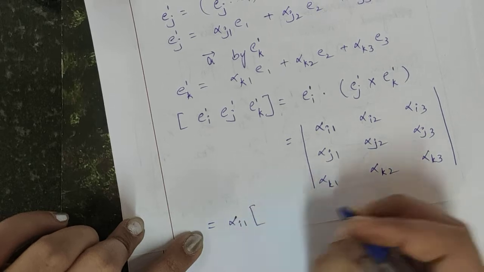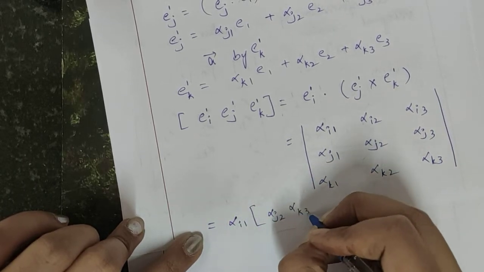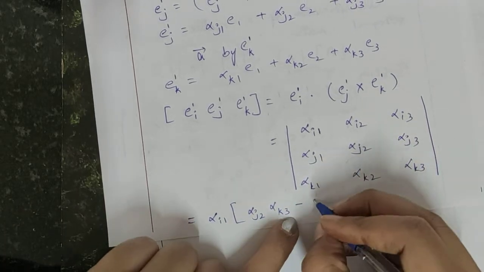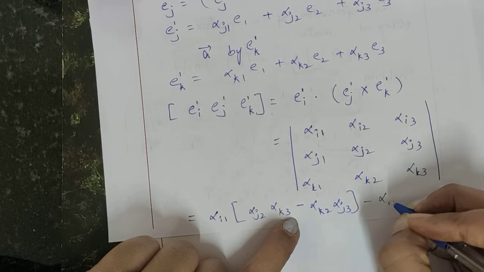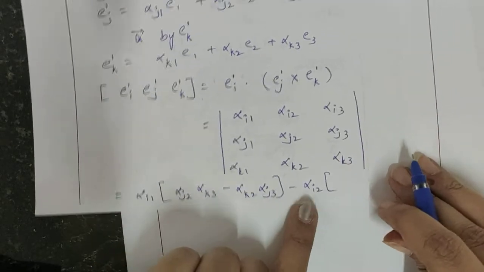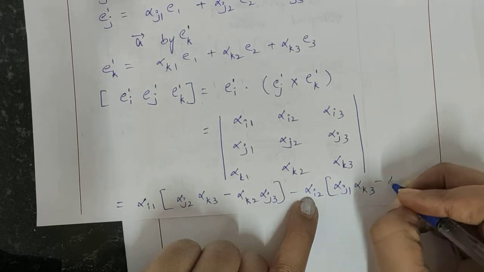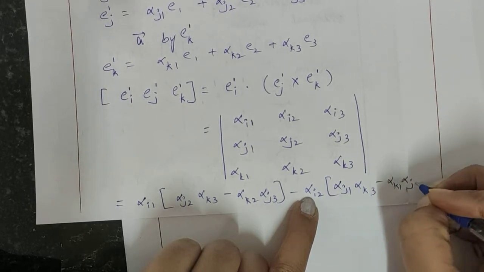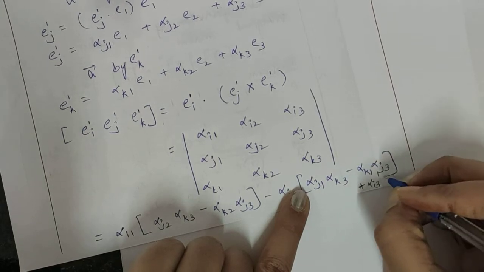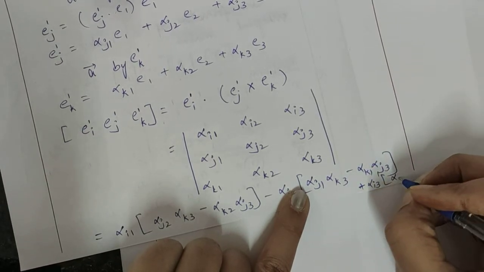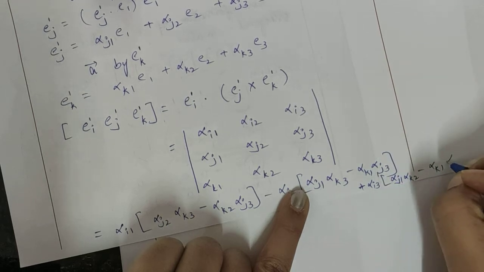Alpha I1 into alpha J2 alpha K3 minus alpha K2 alpha J3, minus alpha I2 into alpha J1 alpha K3 minus alpha K1 alpha J3, plus alpha I3 into alpha J1 alpha K2 minus alpha K1 alpha J2.